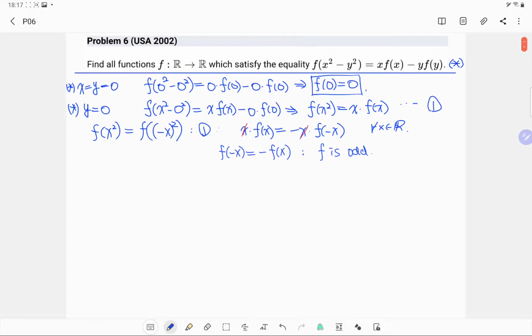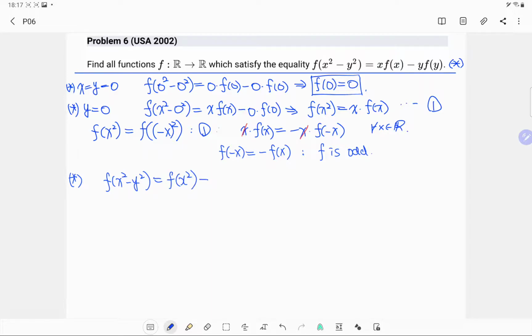Next, we can go back to the original equation, and make use of equation 1 to do something on the right hand side. On the left hand side it is still the same, f of x squared minus y squared, and then making use of equation 1, we can replace x times f of x by f of x squared.